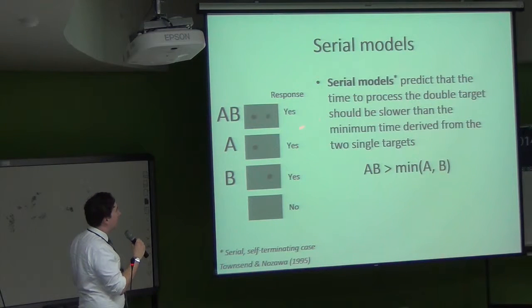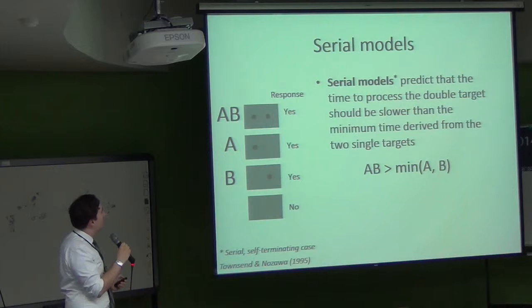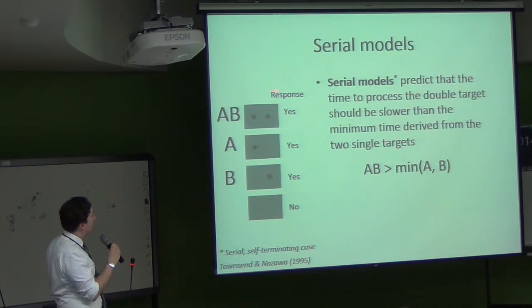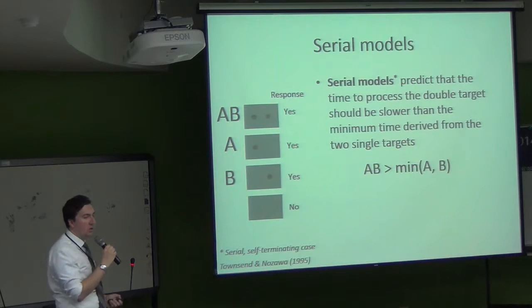Now, capacity in a serial model, serial self-terminating model, predicts that the time to process the double target should be slower than the minimum time that you derive from the two single targets. So if we, again, run this task and derive the minimum time from the two single targets, a serial model, because you process just one of these, so the response time.